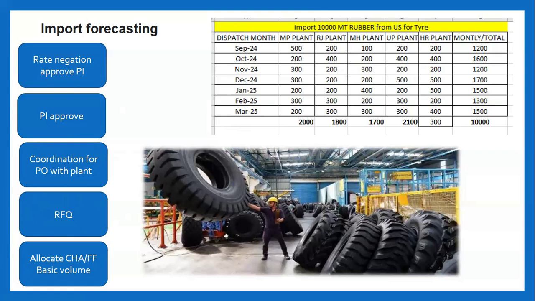The supplier will intimate this to us, because we don't know how many metric tons can be stuffed in one container. Let's consider that 20 metric tons of rubber cargo can be stuffed in one container. So for the MP plant, 500 divided by 20.